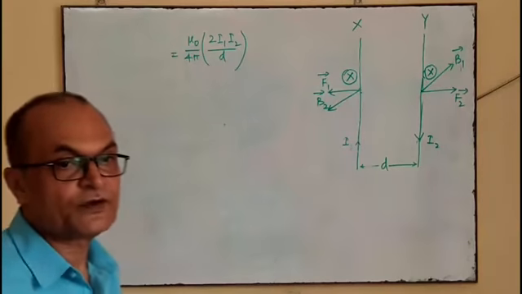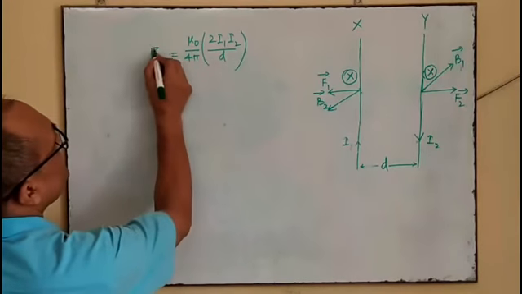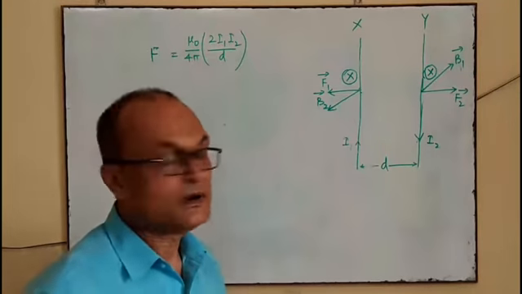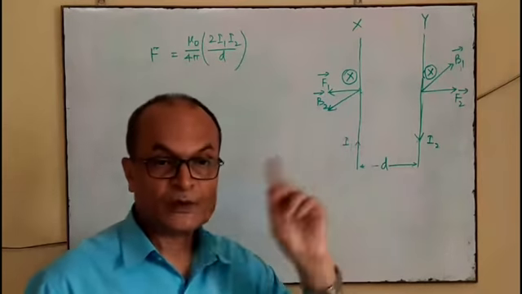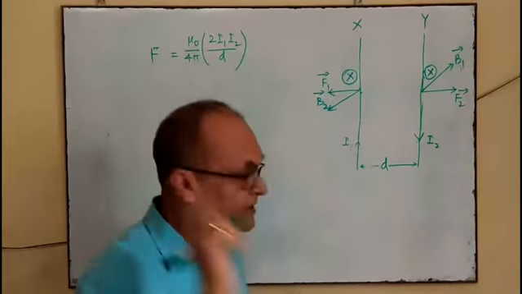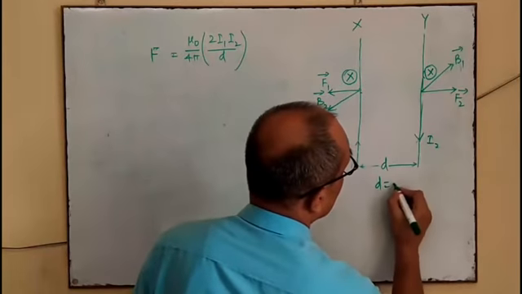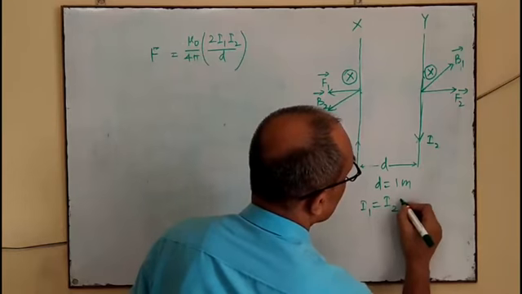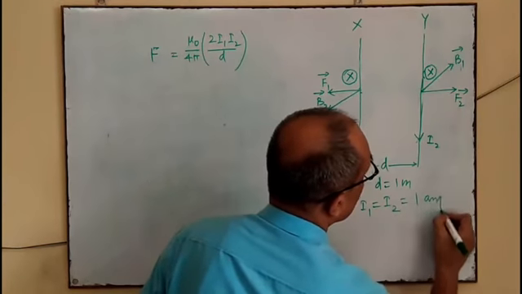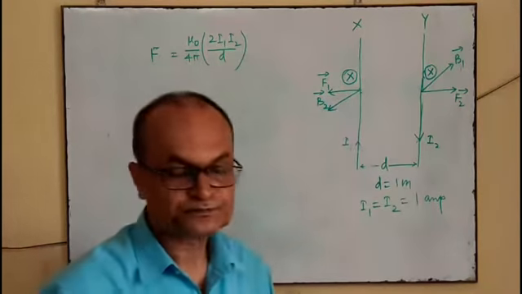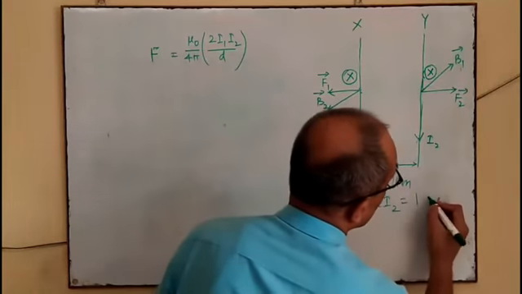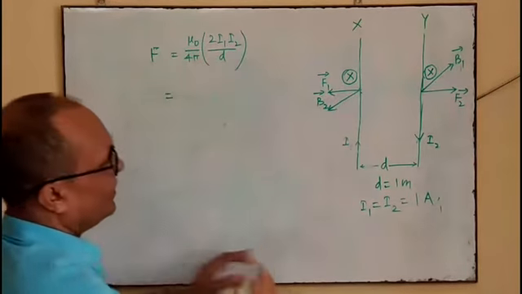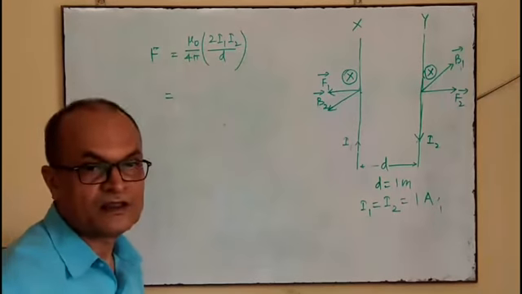So if the distance D is 1 meter, and suppose I1 equals I2 and this equals 1 ampere, we put the values of all these in this equation.